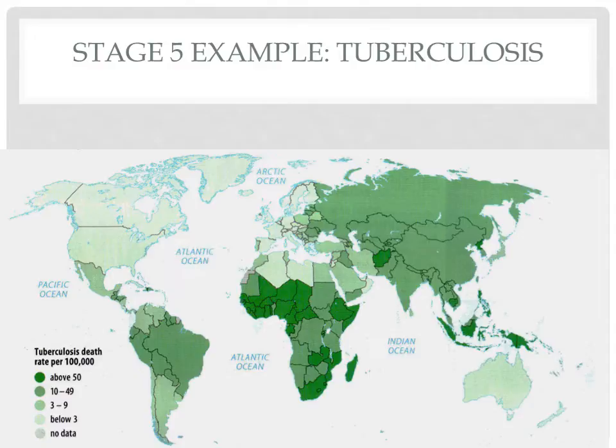But the example that I would like to use more so for stage 5 is the relatively recent outbreak of Ebola in West Africa, because Ebola actually came to the United States. There wasn't a huge number of cases, but part of the reason why it did is a product of space-time compression.